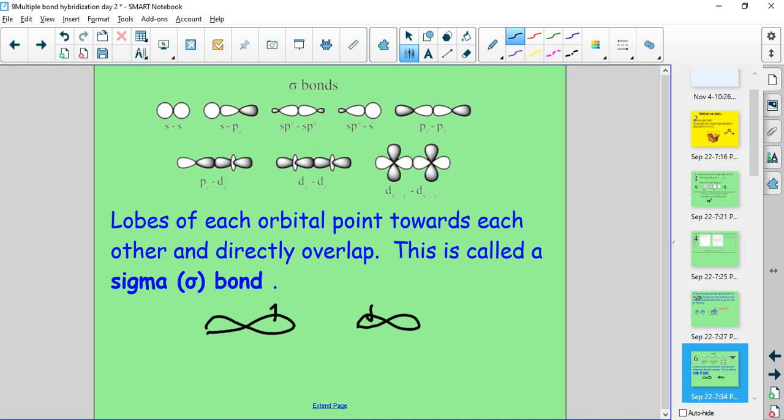Now this can happen between two s's, or between an s and a p. And after they've hybridized, you have an s p to the whatever number of p's that is. So these are the hybridized states colliding. This happens as a direct overlap, a direct head-on collision. These single bonds are called sigma bonds.